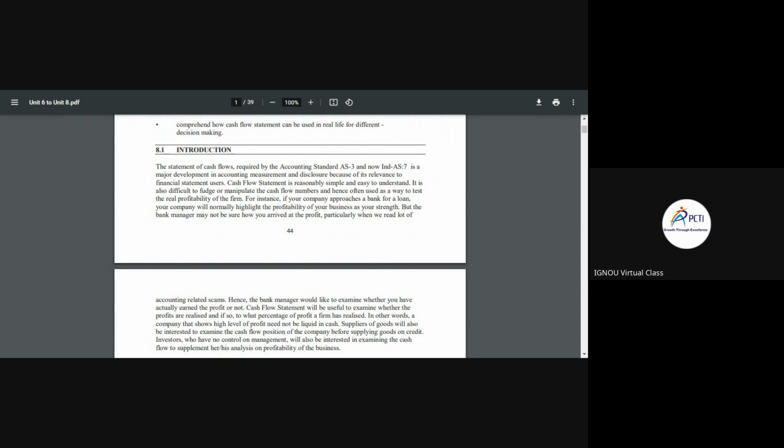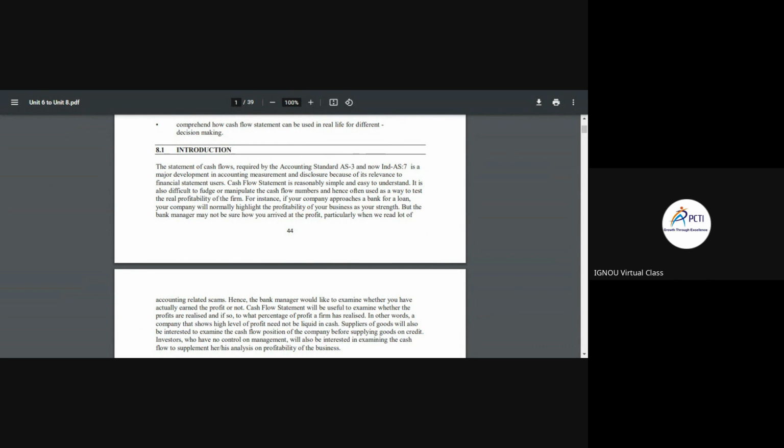In the case of a cash flow statement, it will be useful to examine and know whether the company has actual profits or not, and what percentage of profit a firm has basically realized.